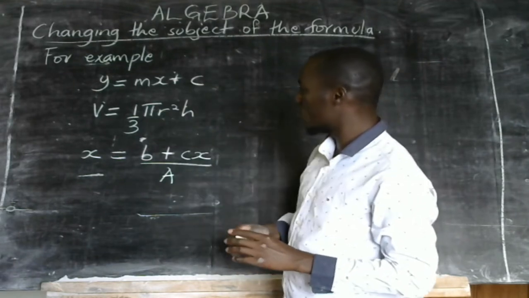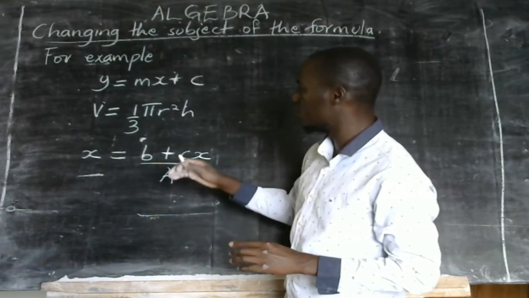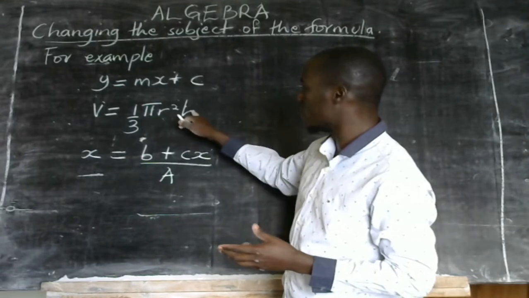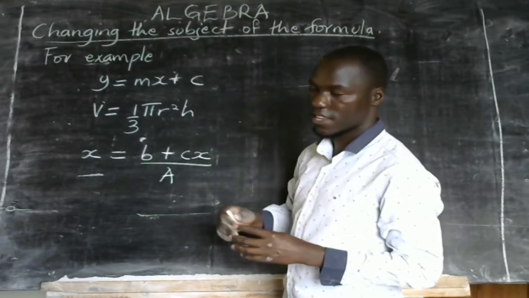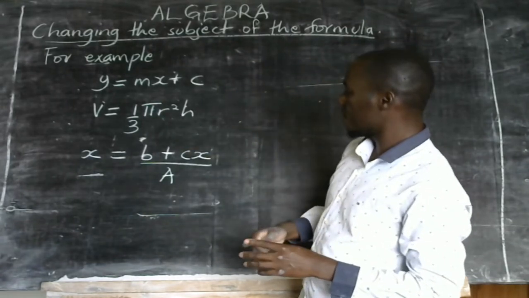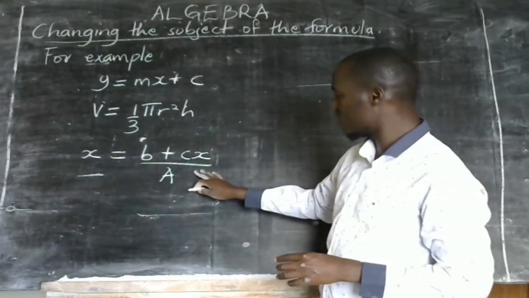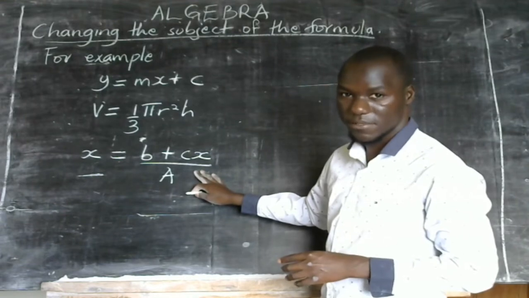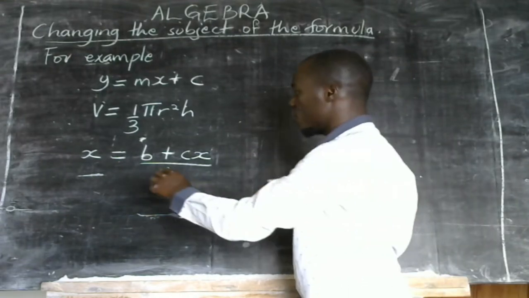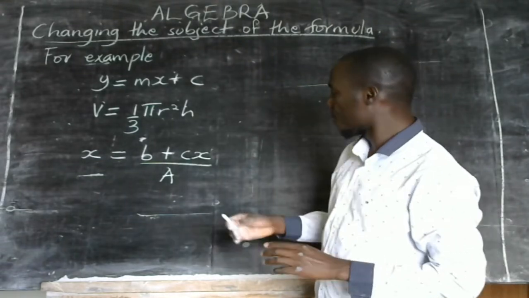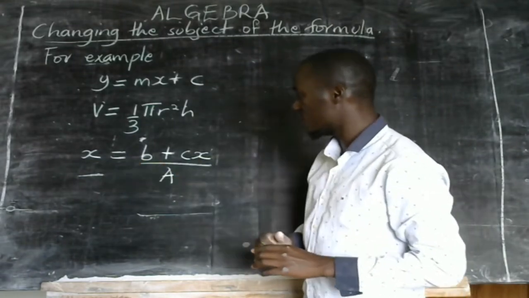V is also the subject of that formula there. Then the rest of the parameters r and h, they are on the other side. Then when you look at this third one here, x is not the subject of the formula, although you are seeing it alone on the left hand side. Why isn't it the subject of the formula?